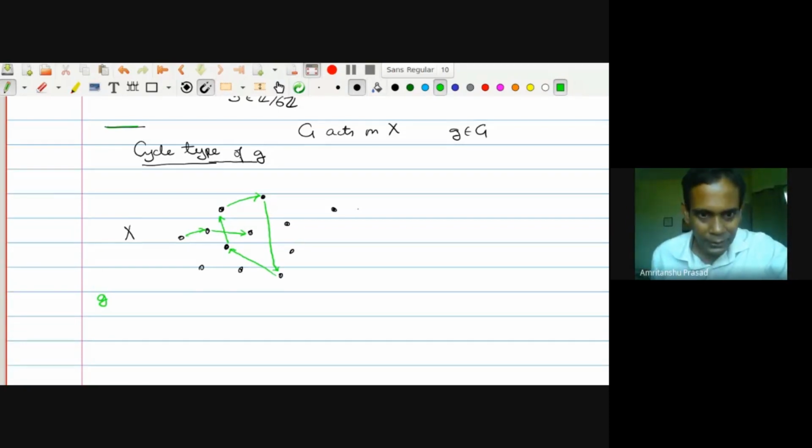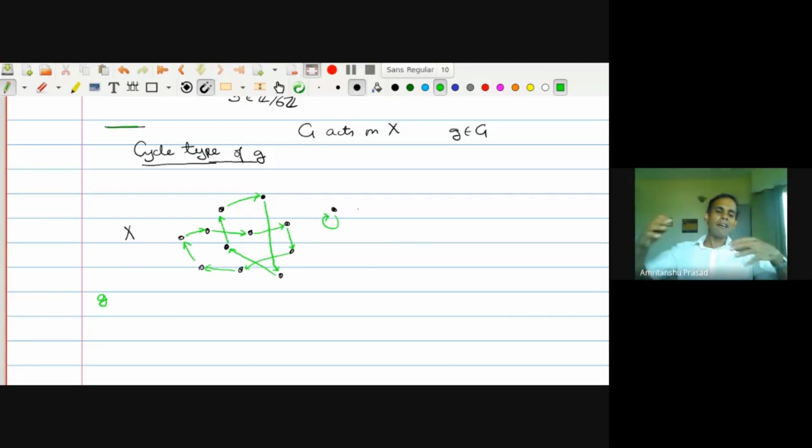I started with this element, and it came back after 4 steps to this element. And again, I look at what g does to these various elements, and maybe this time it comes back after 6 steps, and this element, maybe it's mapped to itself.